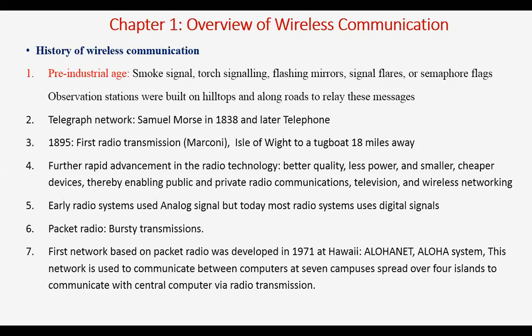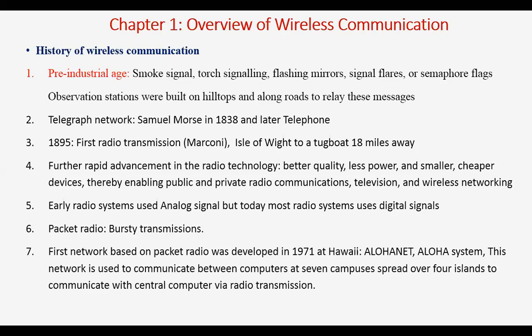Early radio systems used analog signals, but nowadays the signaling is digital. The next thing that occurred was packet radio or burst transmission, where the data is sent in terms of packets. Then the first mobile network based on packet radio was established in 1971, ALOHAnet, which is very important.